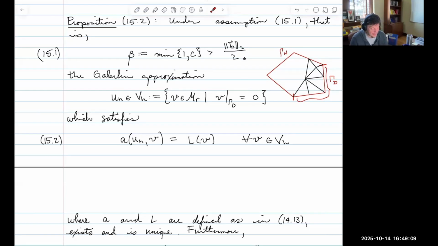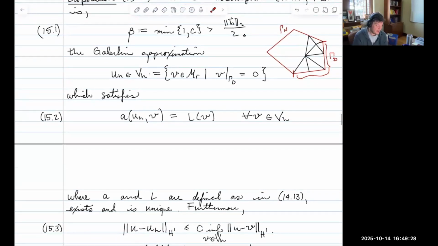This is also due to the Lax-Milgram lemma. And that's because if I can construct this space in the proper and appropriate way, it's going to be a Hilbert space. Every finite dimensional subspace of a Hilbert space is also going to be a Hilbert space. So this is itself a Hilbert space. I can use the Lax-Milgram lemma to guarantee that this problem has a unique solution.